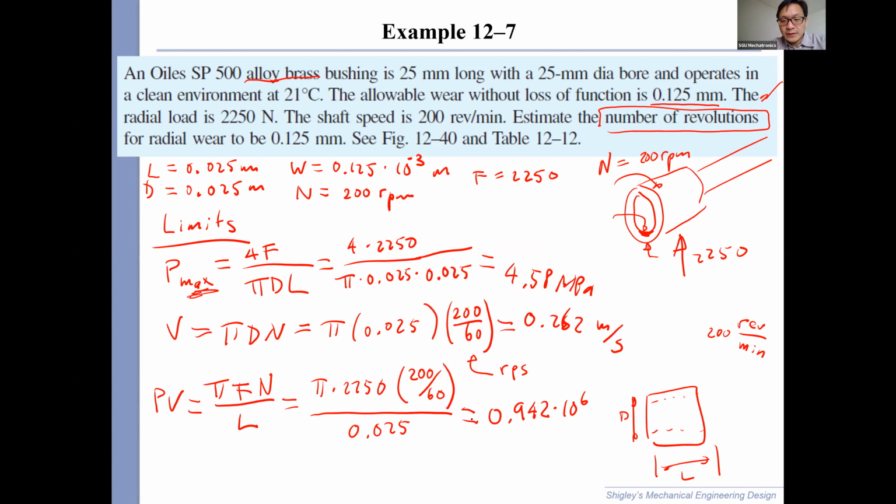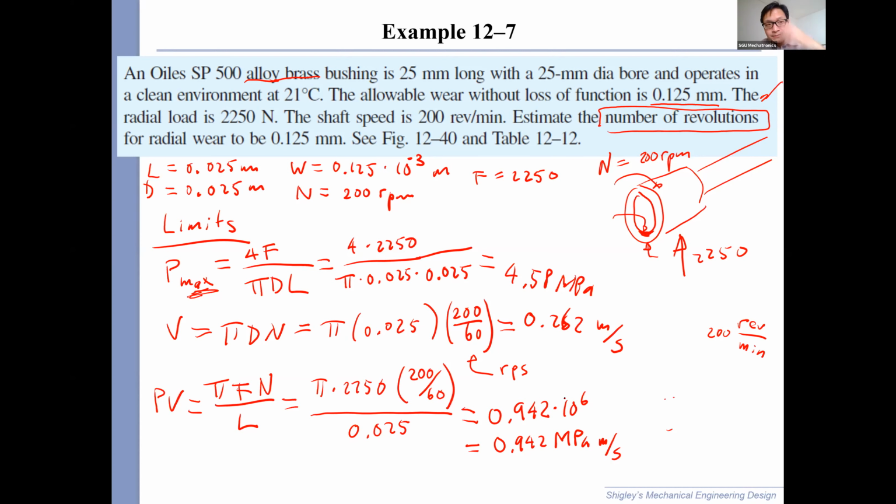Okay, so this unit is pretty weird. PV, which is in MPa meters per second. Let me erase that. Okay, so here I have 10 to the 6.